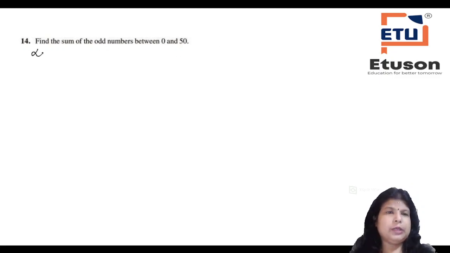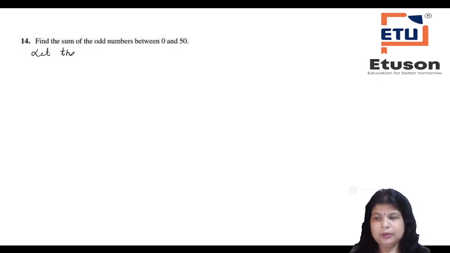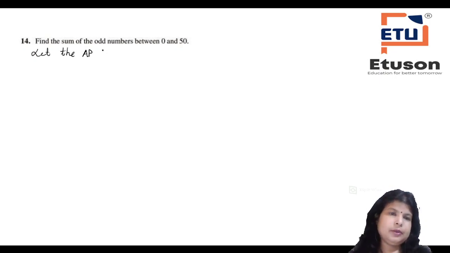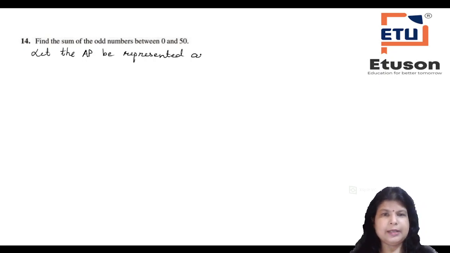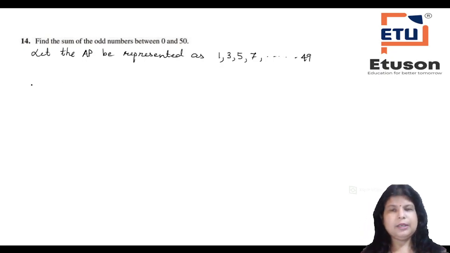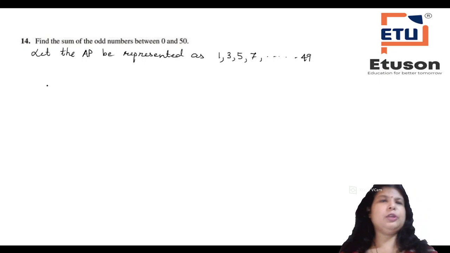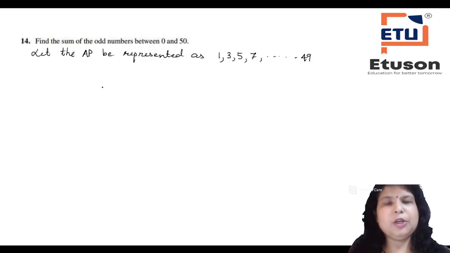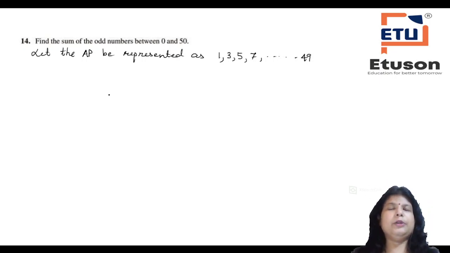Okay, so let the AP be represented as follows. What is the first odd number? It is 1, then 3, then 5, then 7, till 49. Correct or not? Till 49. So now here you need to find out the summation of the odd numbers from 1 to 49.